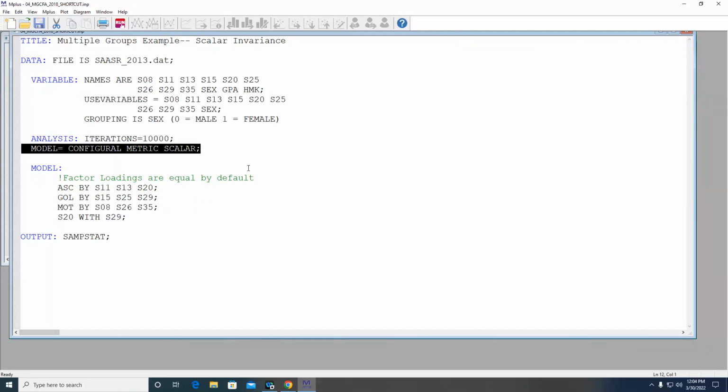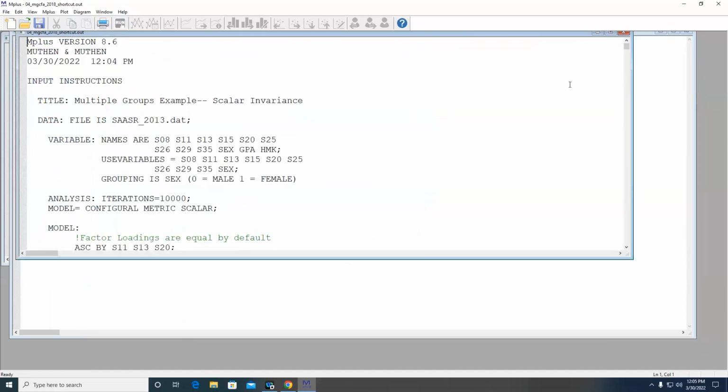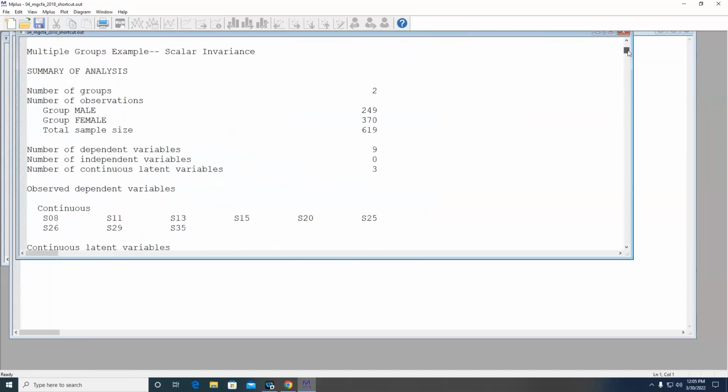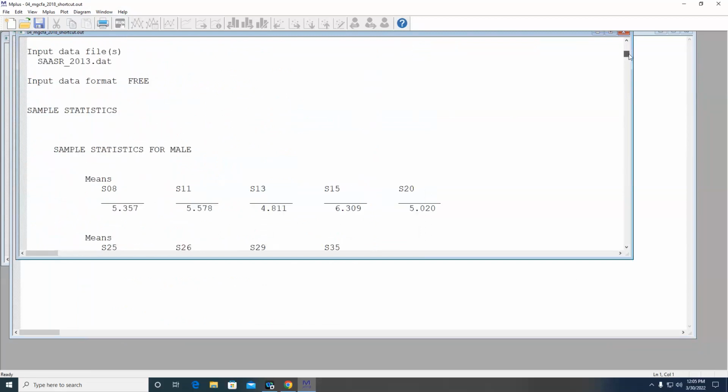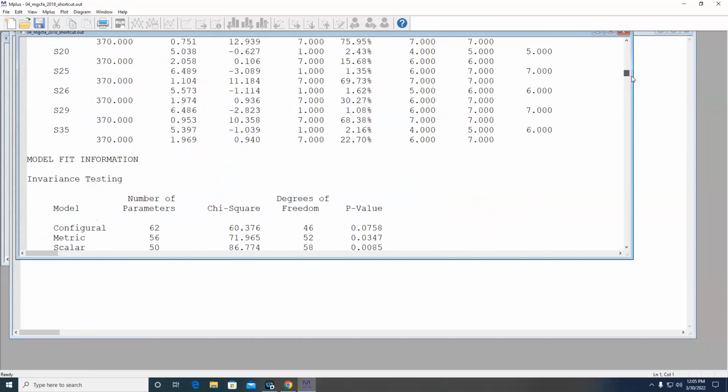So I'm telling it to estimate the configural, metric, and scalar models, and it's going to run through. It's really nice. It didn't used to exist here. Really appreciate it. Okay, so I run it, and you'll see that it runs.